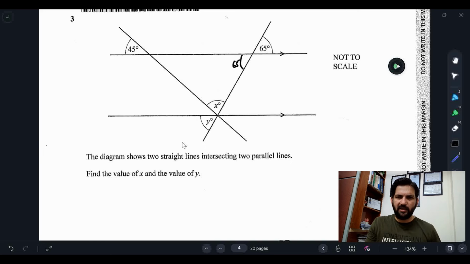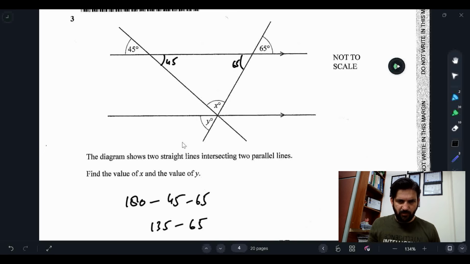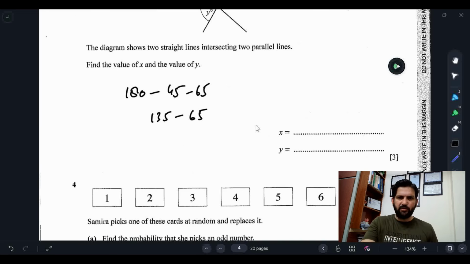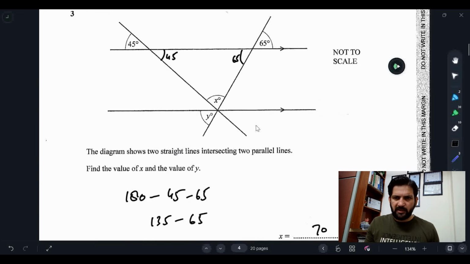So this angle is 65, this angle is 45. Now we can easily find the value of x. What we have to do is 180 minus 45 minus 65. So this will be 135 minus 65. So the answer will be 70. So x is equal to 70 degrees.